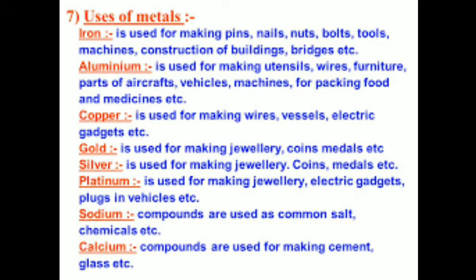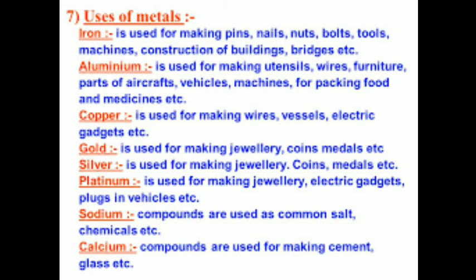Iron is used for making pins, as you know, nail, nuts, bolts. Uses of aluminium: it is used for making utensils, parts of aircrafts, vehicle, machines, for packaging food as aluminium foil. Copper is used to manufacture wires, electrical gadgets.